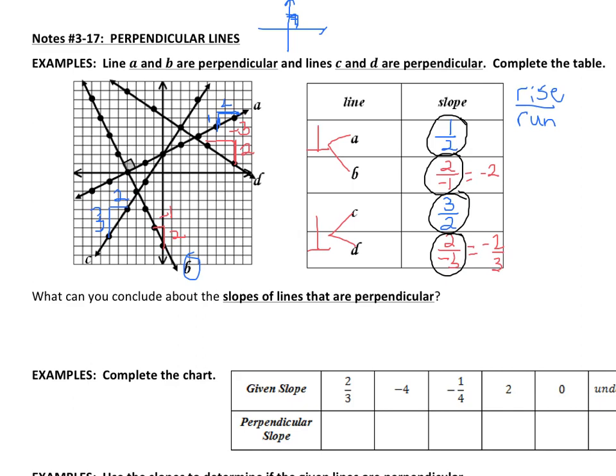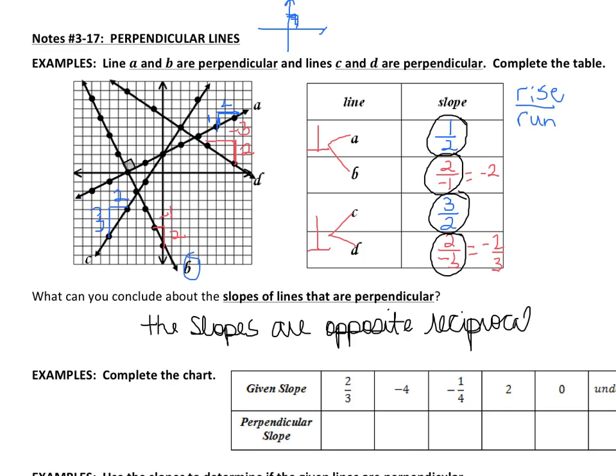So what we can conclude about the slopes of lines that are perpendicular is that the slopes are opposite reciprocals of each other.